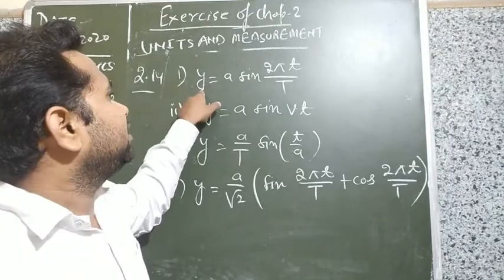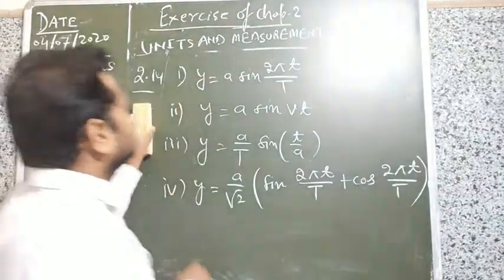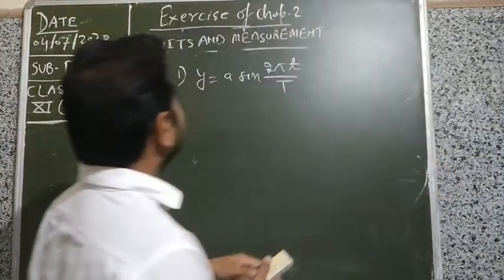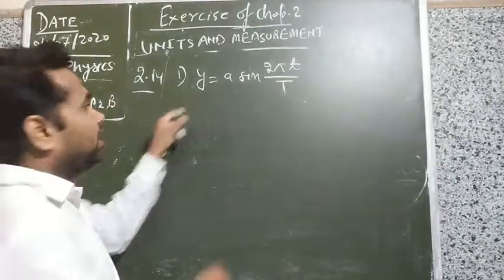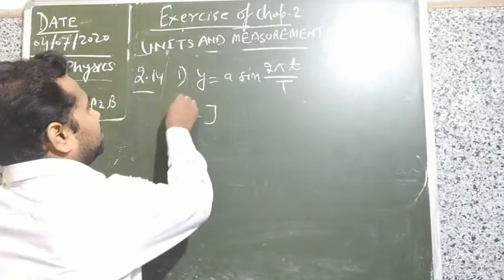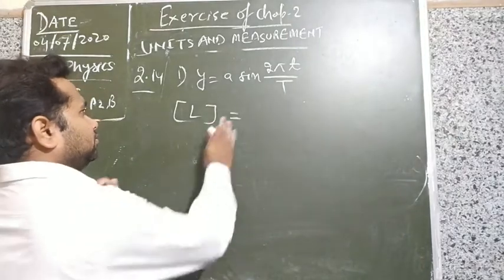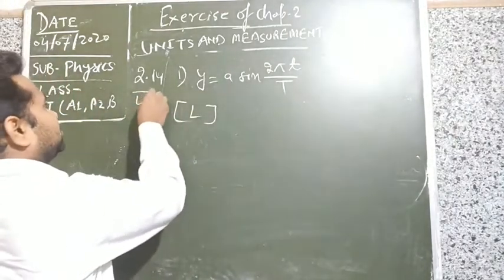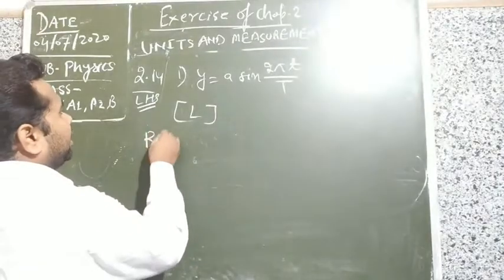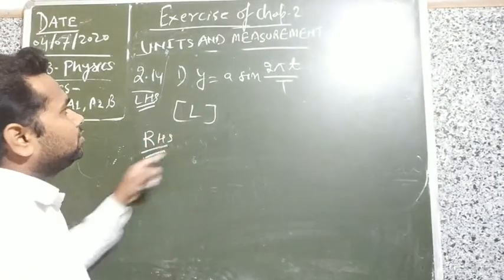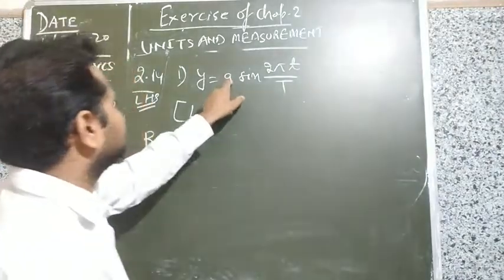On the left hand side, y is displacement, so the dimensional formula is L. For the right hand side, A is the maximum displacement, so its dimension is also L.